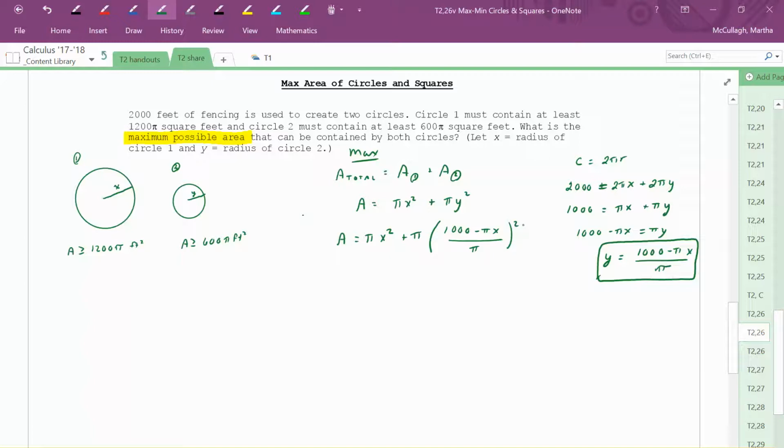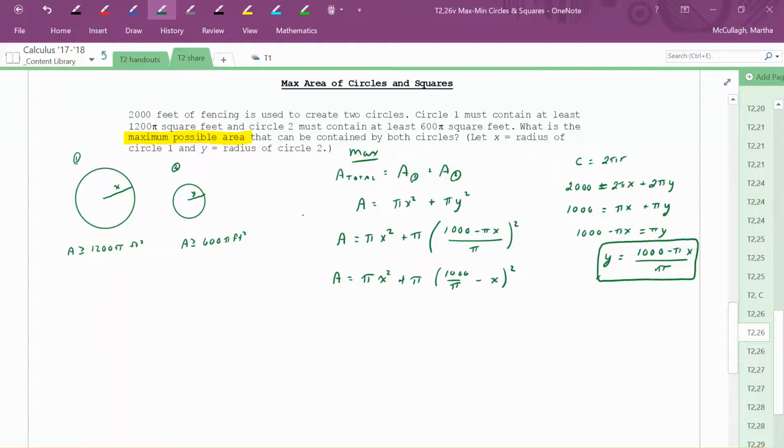Well, I need to take a derivative, and this looks pretty ugly. There's not much we can do about it, except maybe inside these parentheses, let's distribute this pi. That might make it just a little bit easier. So A equals pi x squared plus pi times (1,000 over pi minus x) squared.